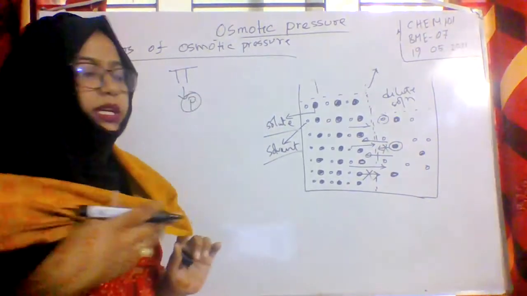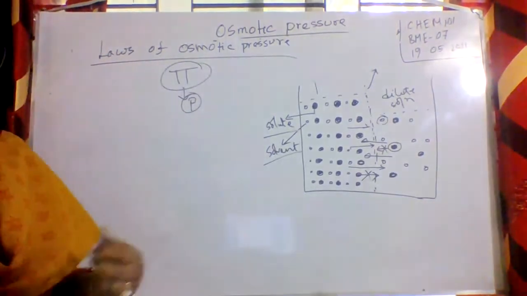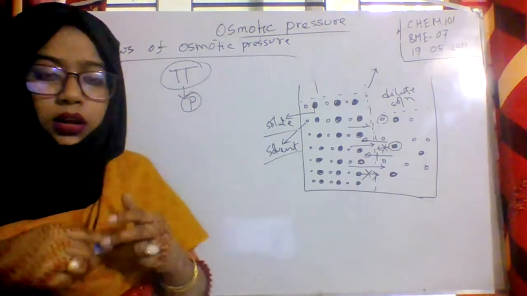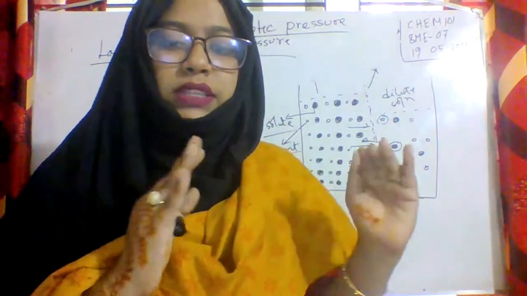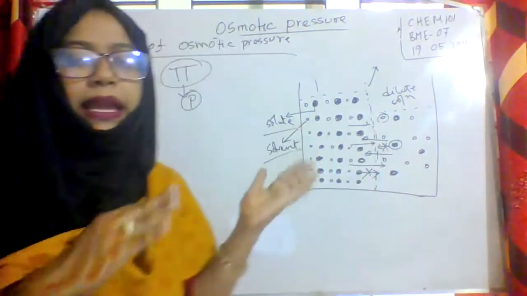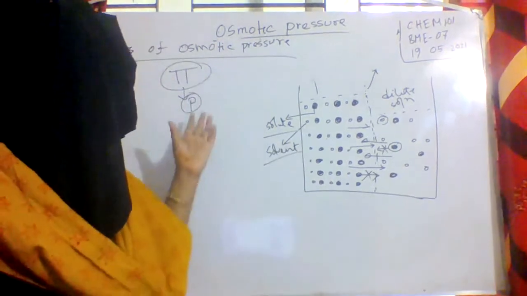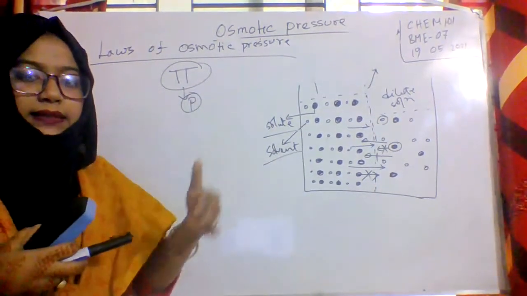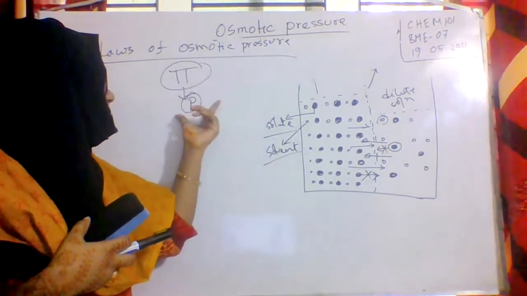But in our book, it is denoted by pi, since it is osmotic pressure. It is not vapor pressure, but the meaning is similar: pressure means pressure, but this is osmotic pressure.